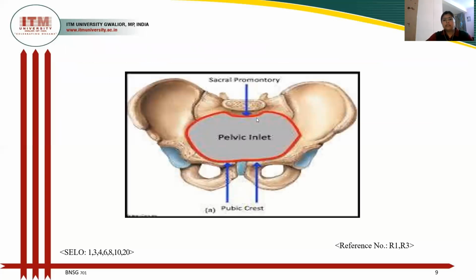Here you can see the sacral promontory, the ilium on both sides, and the symphysis pubis. This complete red color which you are seeing, you can say it is the brim. The highlighted portion in blue is the sacral promontory, and this is the crest.